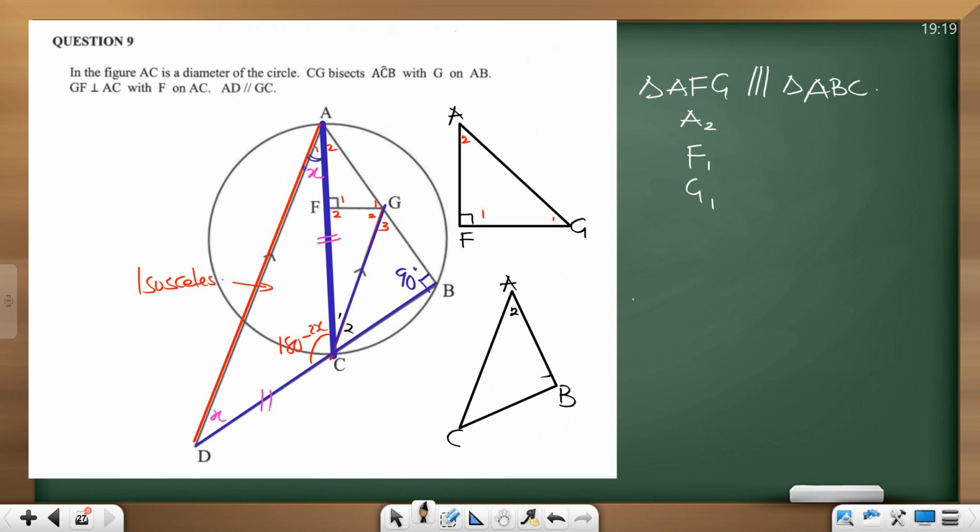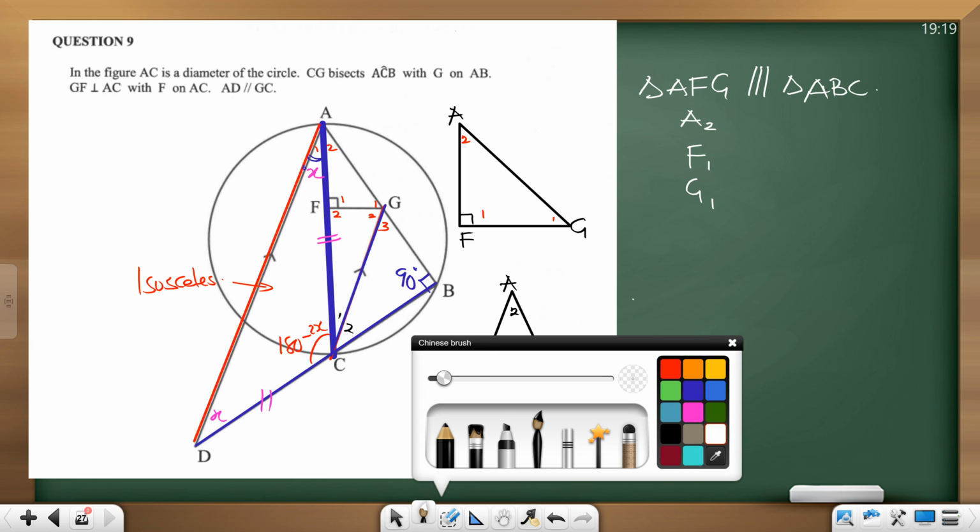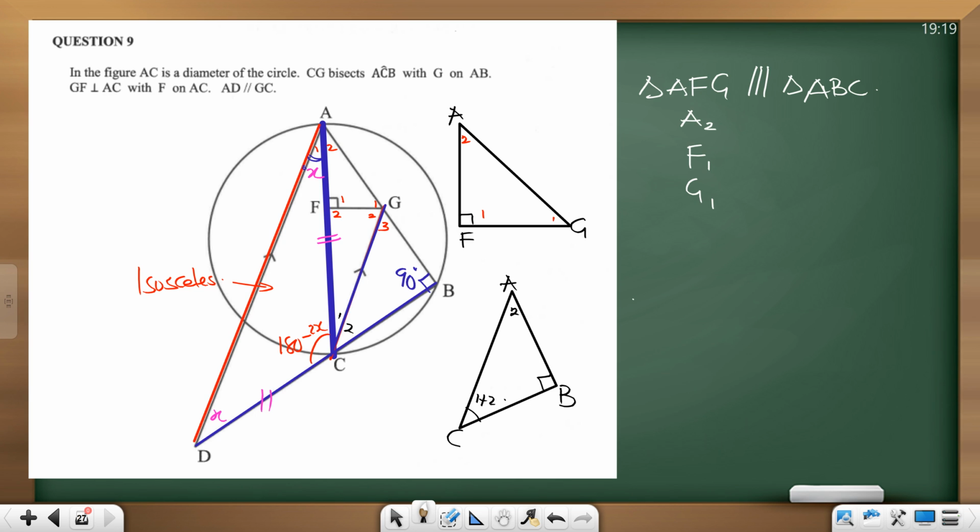A2. What B is this? Which is 90, right? What C is this? 1 and 2. If you appreciate what I'm doing here, we are done with this. What is this? A2. What is that? B. C1 plus. Already, do you know I'm done here? What is that? Come on.